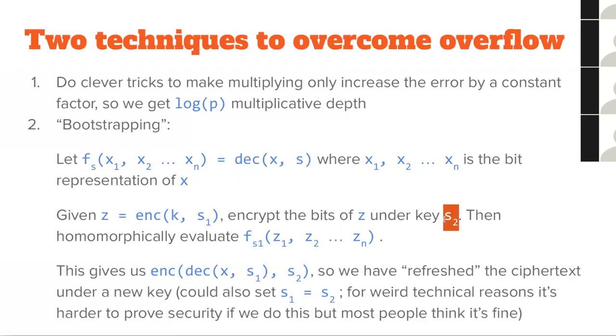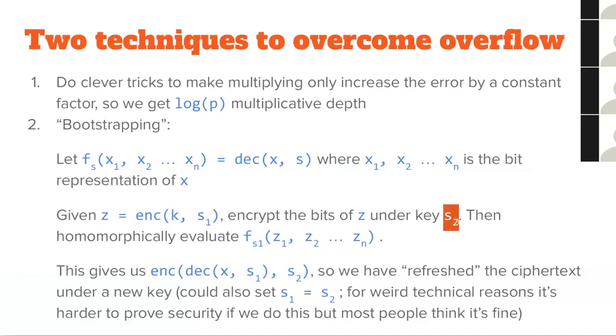Executing the circuit after you have those values doesn't require you to add any extra randomness, but the bootstrapping key already has randomness that got used in the process of constructing it.